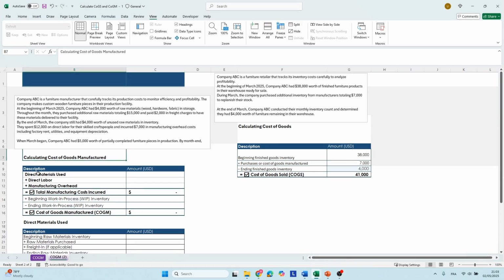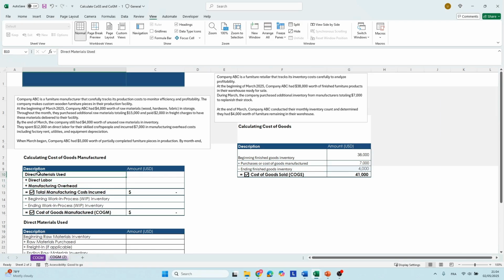We have an example. I have created this table, which includes the formula for calculating the cost of goods manufactured. First, we have direct materials used plus direct labor plus manufacturing overhead. So we have the three main types of costs.